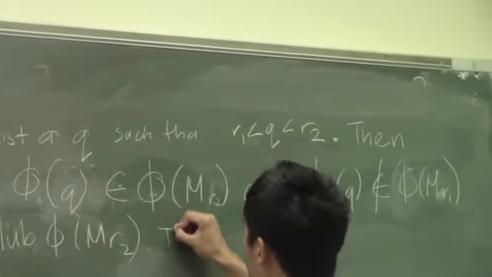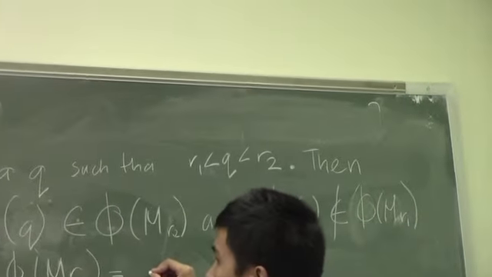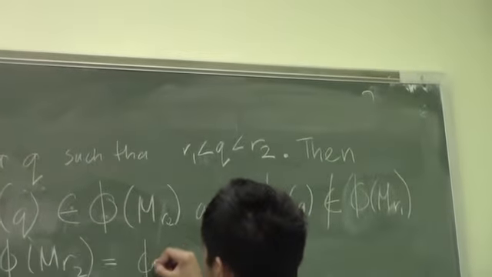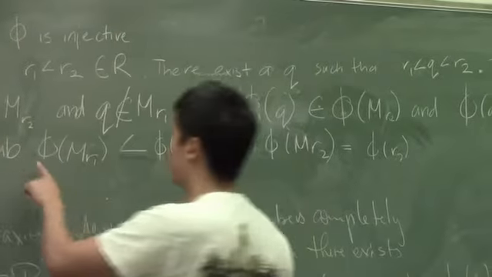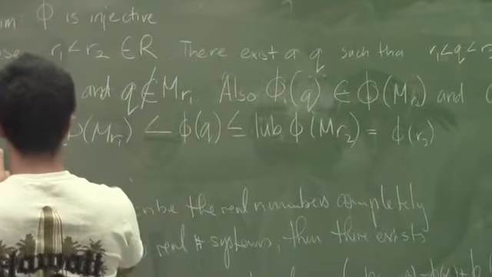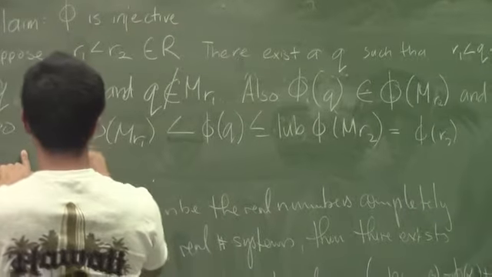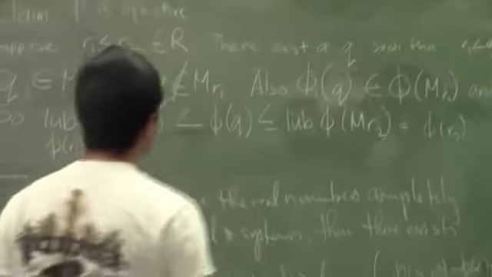Phi of r1 is less than phi of r2. The expression to the very left, your first expression, was phi of r1, and you can put a strict inequality sign there.